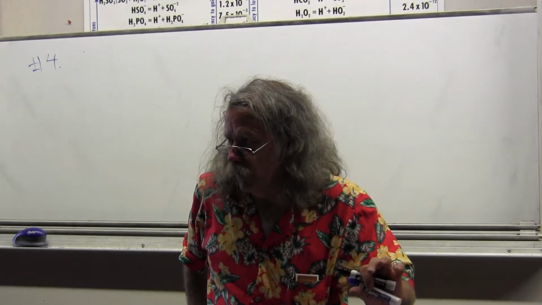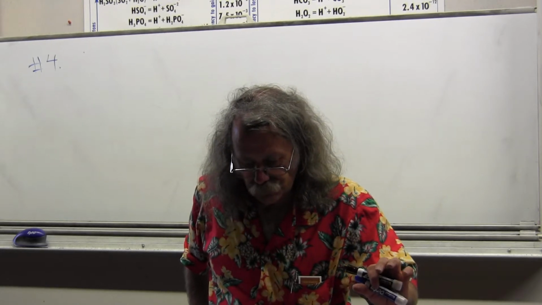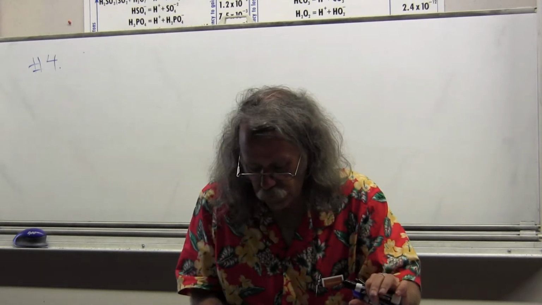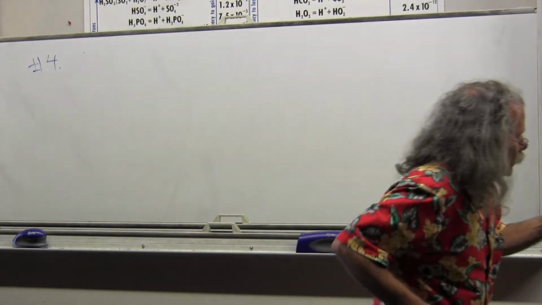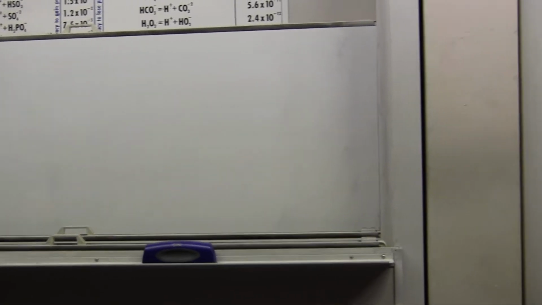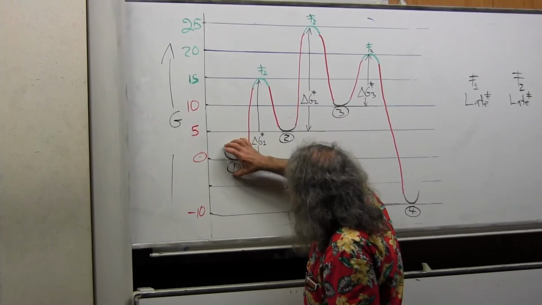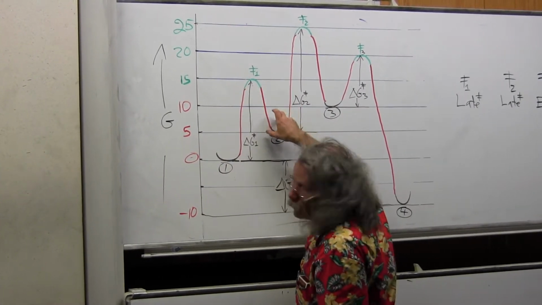Absolutely. That's how we write the rate law. So in other words, I write the rate law, and whatever was on this side is going to be included in this activated complex.